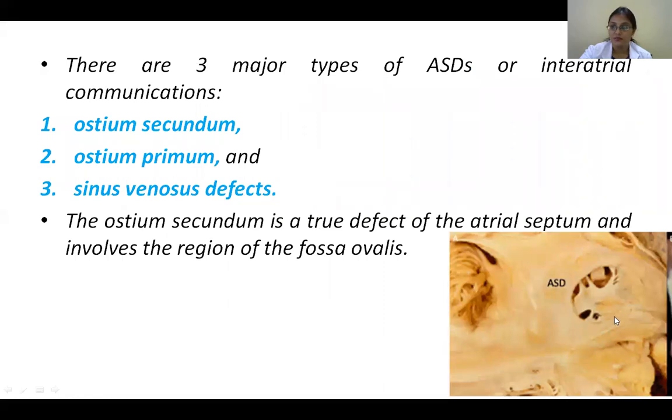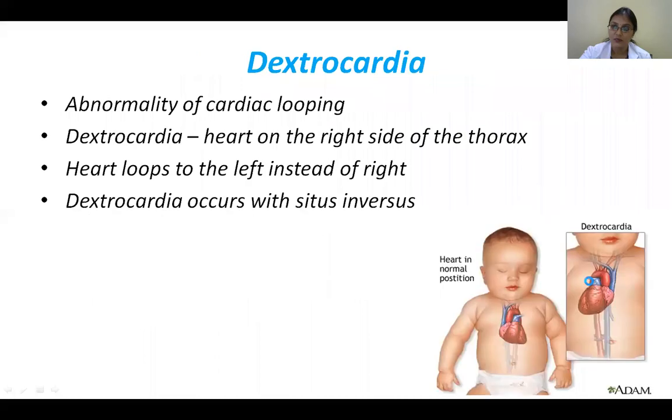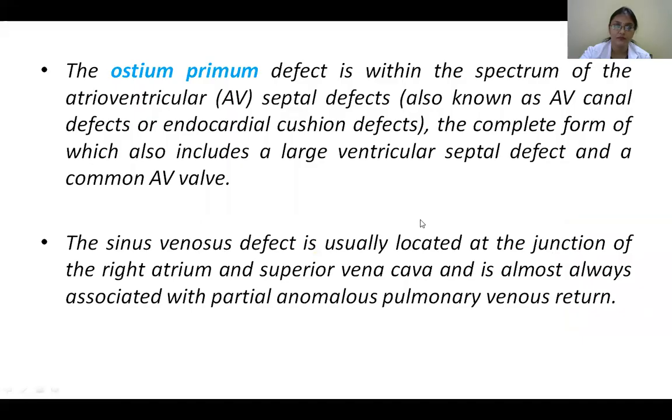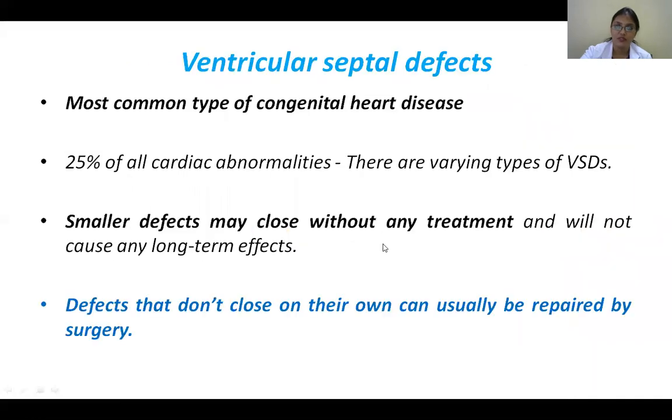Here you can see a perforated, multiple hole defect, or else it will be completely like this. Various types you can see here because of the septum secundum, more towards the inferior vena cava part. So not much important for you.